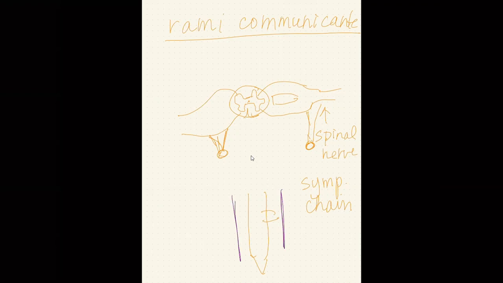The communicating rami come off the spinal nerves and attach to the sympathetic trunk. They're coming off all over the place and hooking into it. So it's how we get from the spinal cord to the sympathetic nervous system.